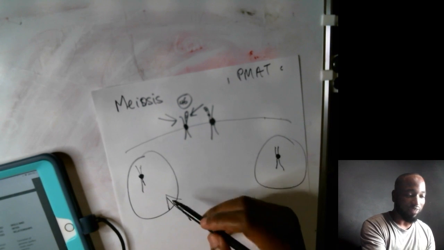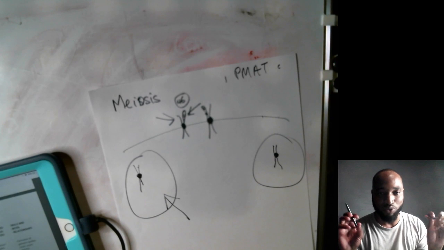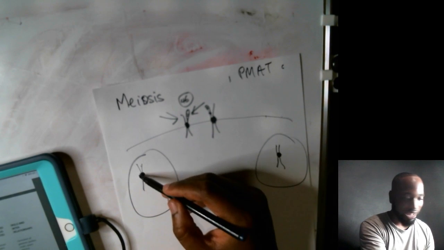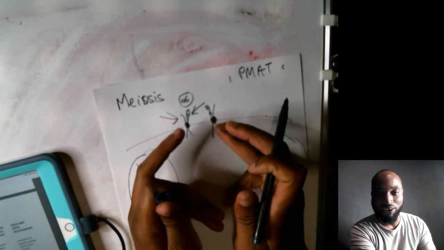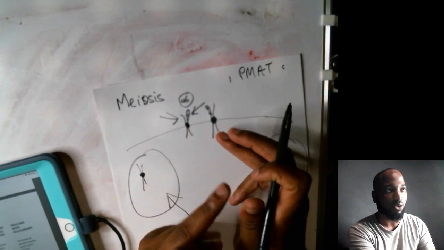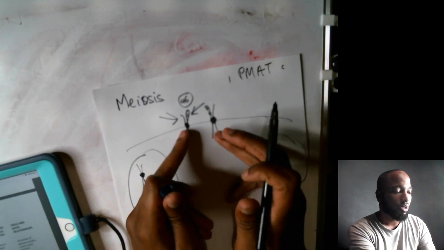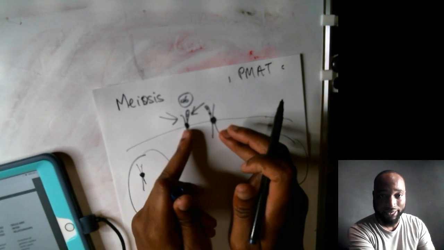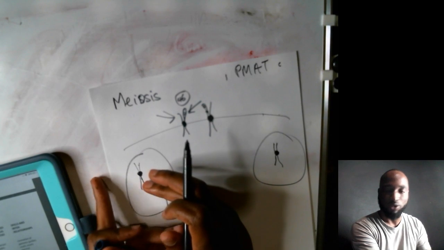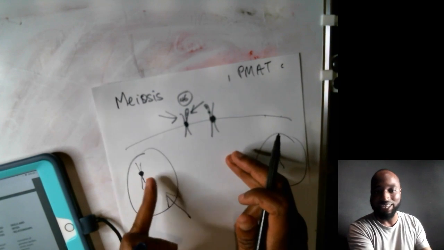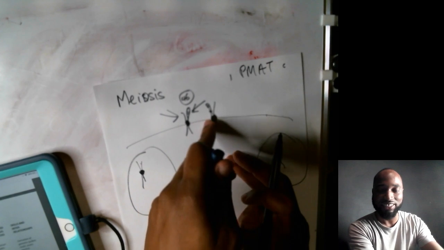After this occurs, this will form new cells. These cells will divide again via a kind of mitosis route, where they will line up and split along the chromatids now. So initially they split with the chromosome pair, and now they're splitting with the chromatids. One chromatid goes this way, one chromatid goes that way, just like in mitosis. But this is the key difference.